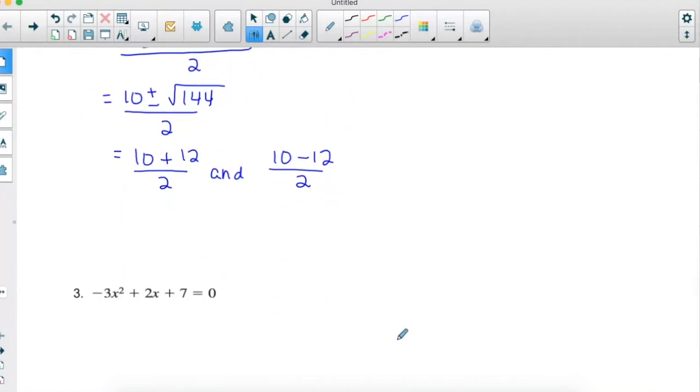When we simplify that, we end up with 22 over 2 and negative 2 over 2. It's not in simplest terms, so we have to simplify. We end up with x equals 11 and x equals negative 1. Those are our solutions to the quadratic equation.